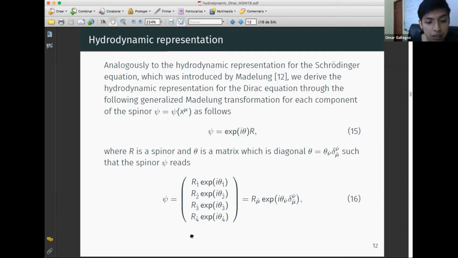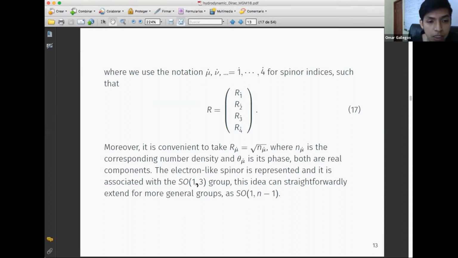More explicitly, it is given by this expression. We know that the R and theta components are different for each component in general, and these components are real scalars. The indices with dots are internal indices. In the next slides, it is more convenient to take the R components as the square root of N components, because N has a physical interpretation as the number density.